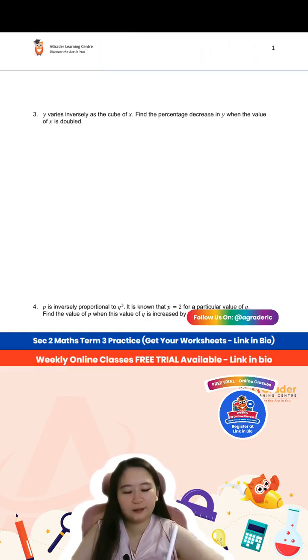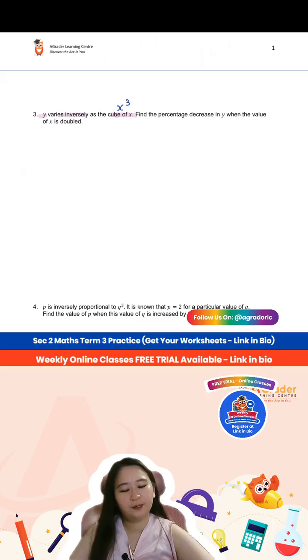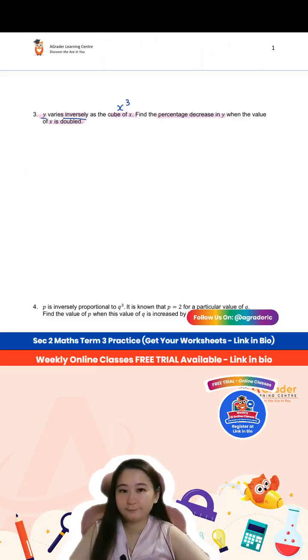Y varies inversely as the cube of x. So this will be x cubed. Find the percentage decrease in y when the value of x is doubled. It's inverse proportion here. Always find the constant first.